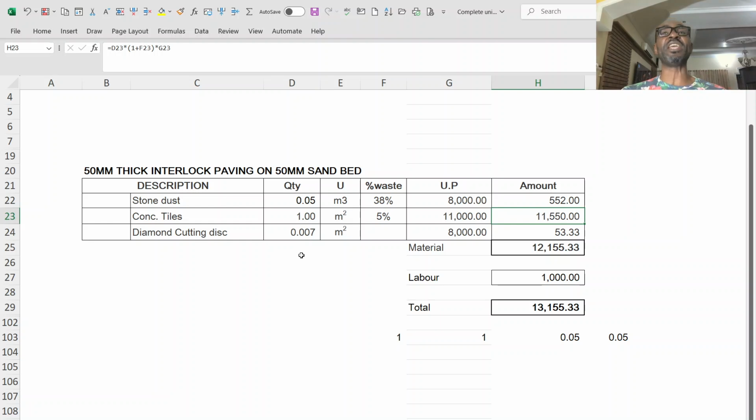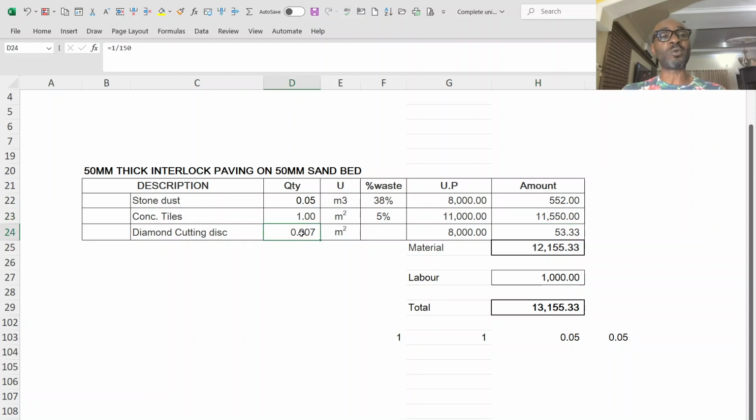Based on experience, based on antecedent, I have come to this realization that for you to lay 150 square meter of interlock, you need one diamond disc to cut all the off-cut that will come up during the cost of laying 150 square meter.